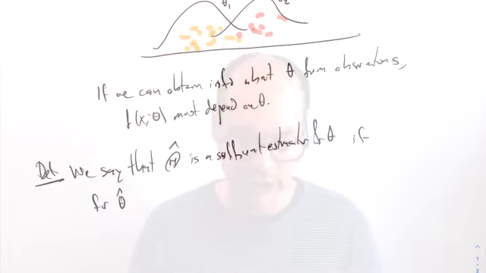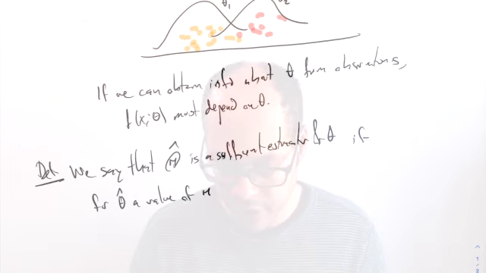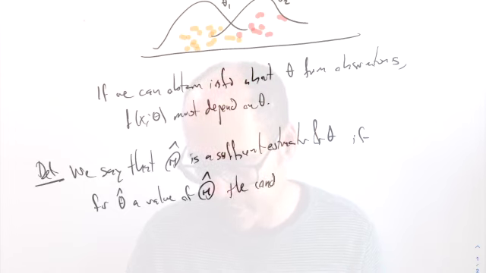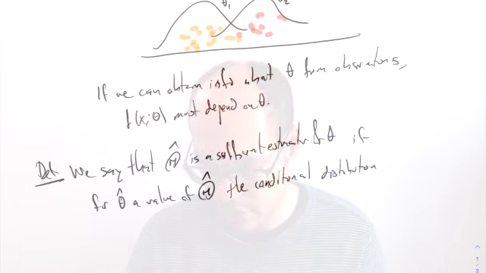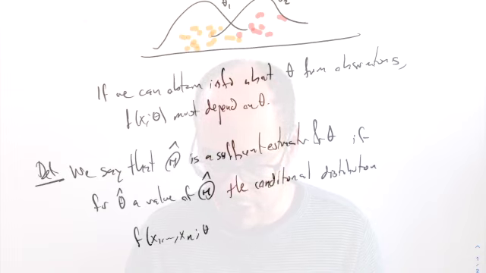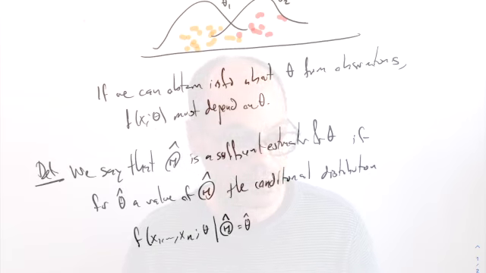We say that capital theta hat is a sufficient estimator for little theta if, for a value little theta hat of capital theta hat, the conditional distribution of x1 through xn, which also depends on the parameter theta, given that the observed value for theta hat is equal to little theta hat, doesn't actually depend on theta.